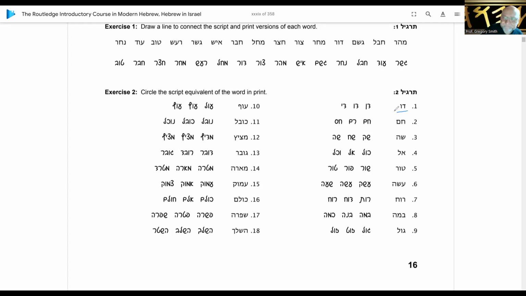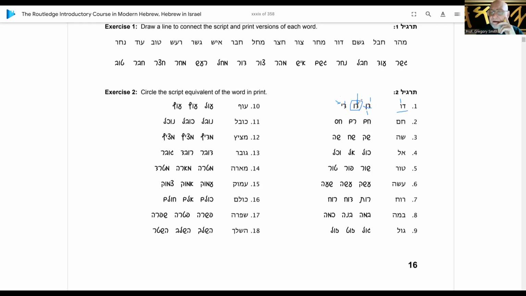Okay, so first we got to figure out, these all have the same dalet in cursive. But it's pretty clear to me this can't be it, because that looks like a nun sofit at the end there. And this is a vav in block script Hebrew. And it can't be this one, because that's a yod, the smallest letter of the Hebrew alphabet. So it has to be the middle one.